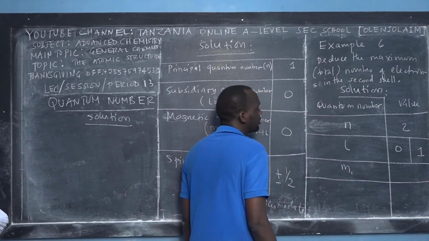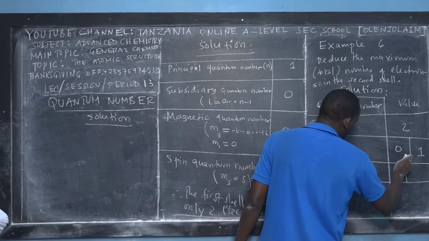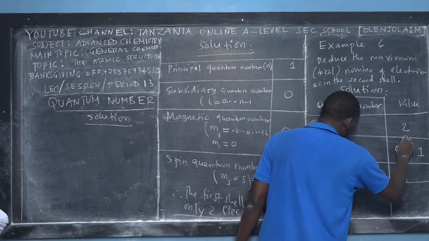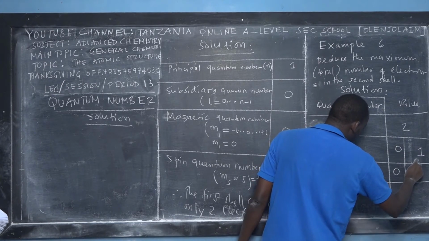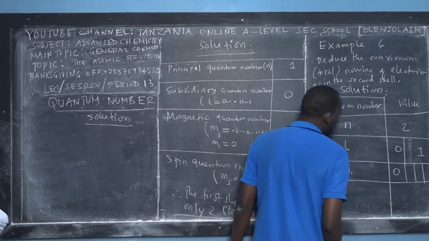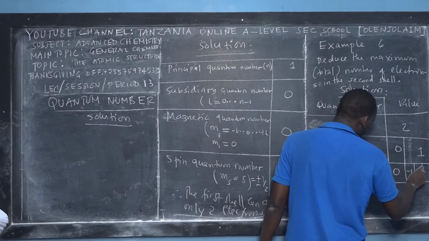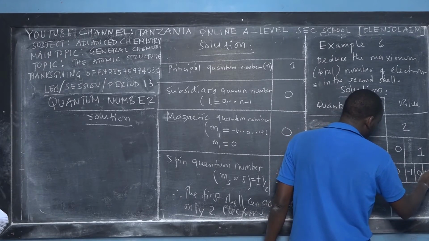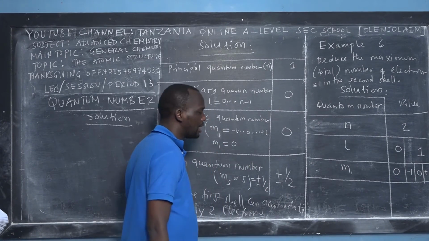For L equal to 0, it will be only 0. For L equal to 1, we are going to have 3 magnetic quantum numbers: -1, 0, and +1.